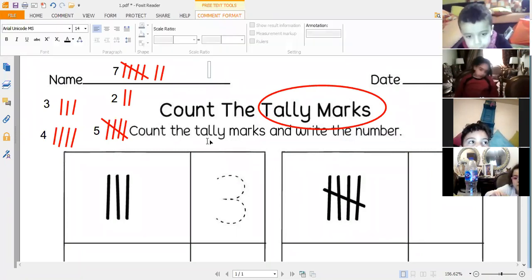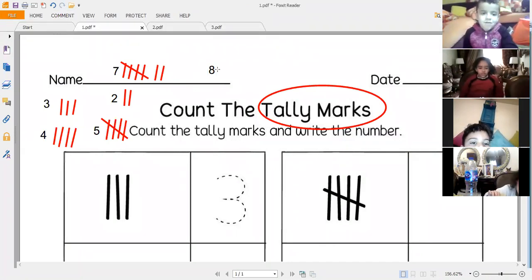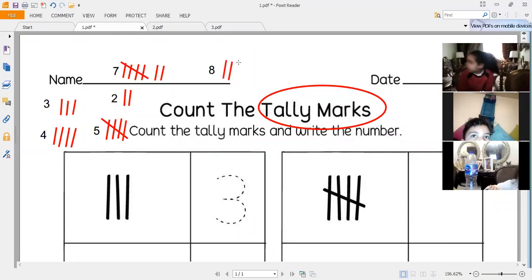I want to represent number 8 with the tally marks. So how many lines will I draw? 8. Let's count. 1, 2, 3, 4. Will I draw the fifth line here?